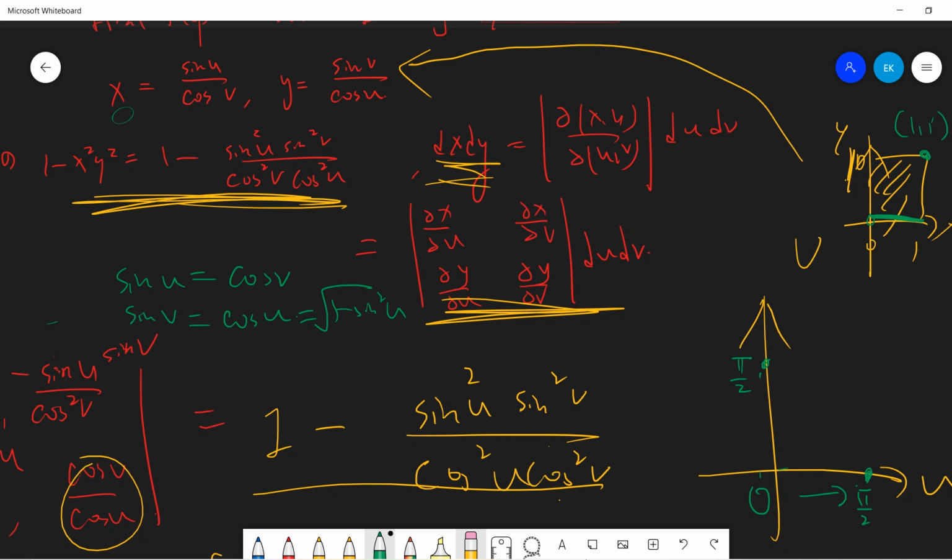So which tell you that u should be pi over 2 minus v, right? So sine u will be cosine of pi divided by 2 minus v. So you see, v should be pi divided by 2 minus u. So if you allow u to be pi divided by 2 minus v, then this will satisfy. So that means your region should be this one.